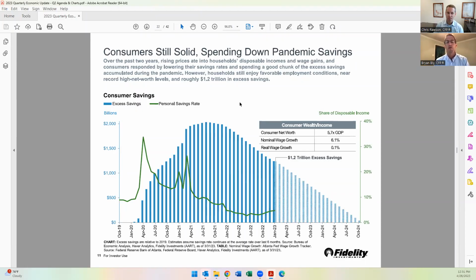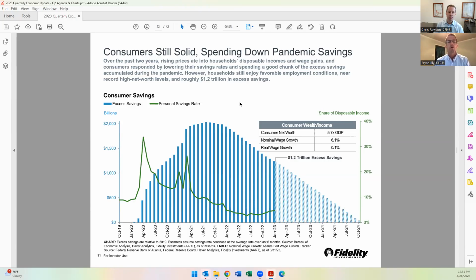Personal savings rates, which we'll see here and also here shortly, are still lower than historical. So if you look at pre-COVID, back in October, look at the latter part of 2019. Folks are out spending on goods and more recently more on services.